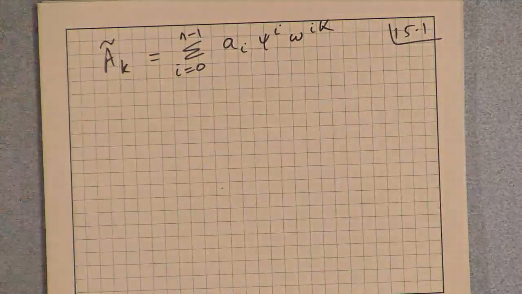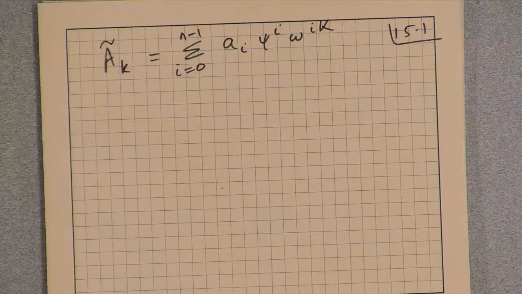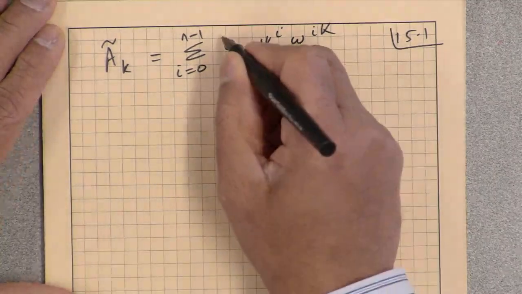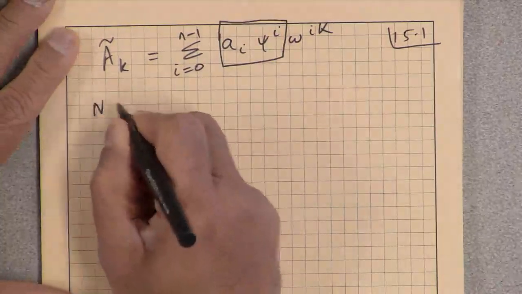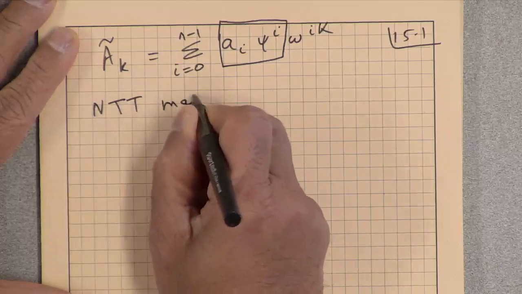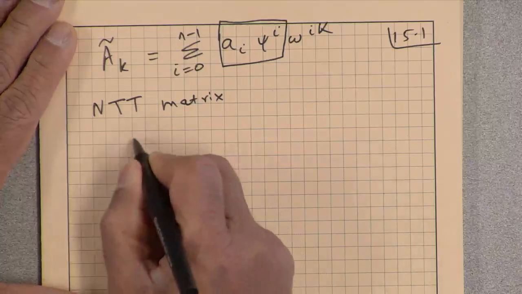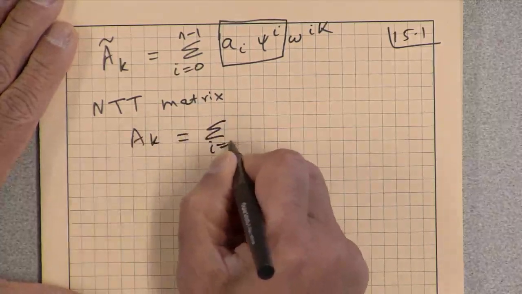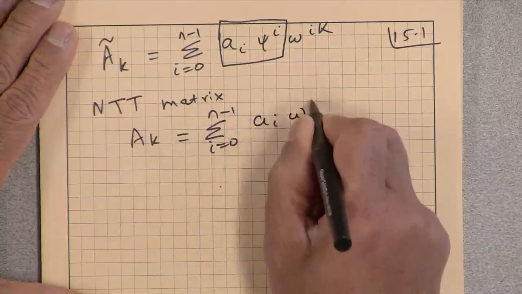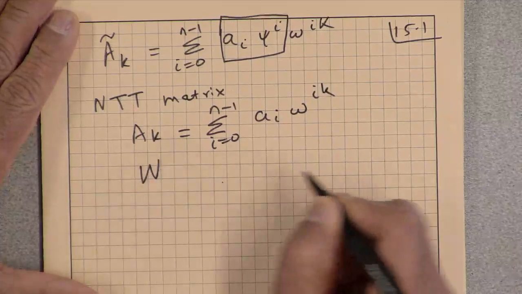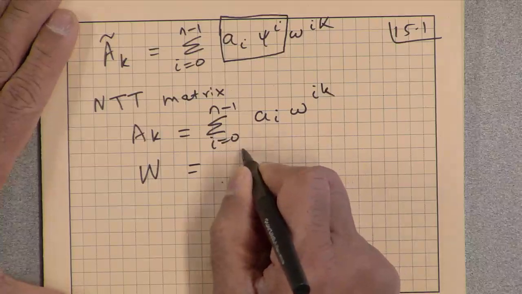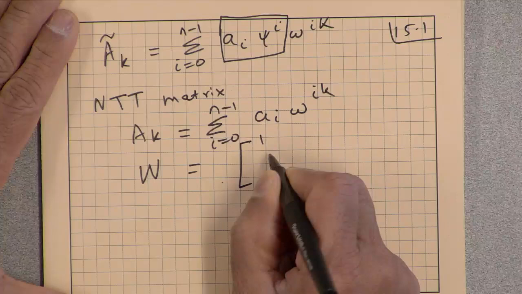Before I even proceed further, I think what is useful is that's really the pre-processing step. And if you think about the standard NTT matrix, if I define AK as the sum for I equal to 0 to n minus 1 of AI omega to the power ik, the standard NTT matrix, let's call this W, I can write similar to the FFT matrix.